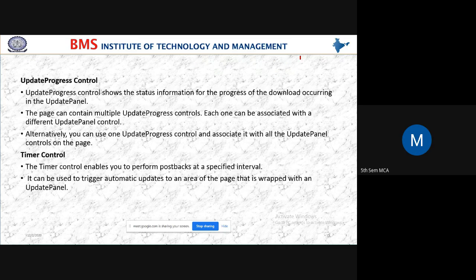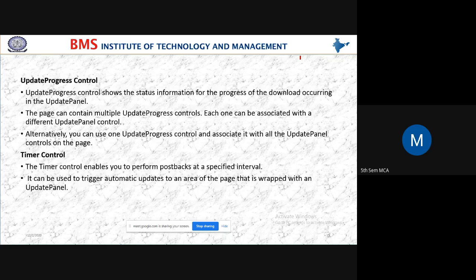Update progress control. The update progress control shows the status information of the progress of the download occurring in the update panel. Yes, students, when you download any software, or any song or movie, or when you upload, we can see the status bar.